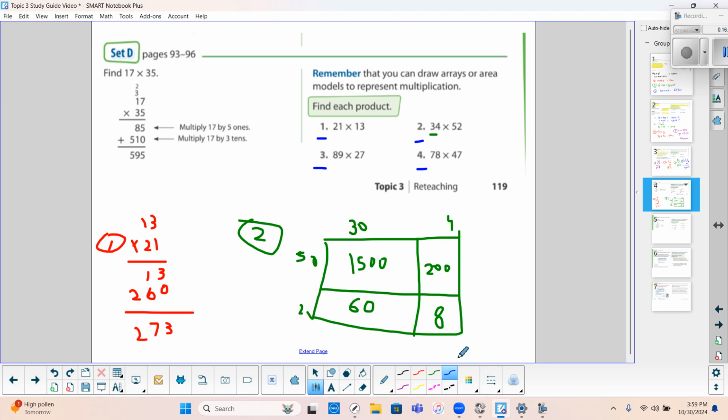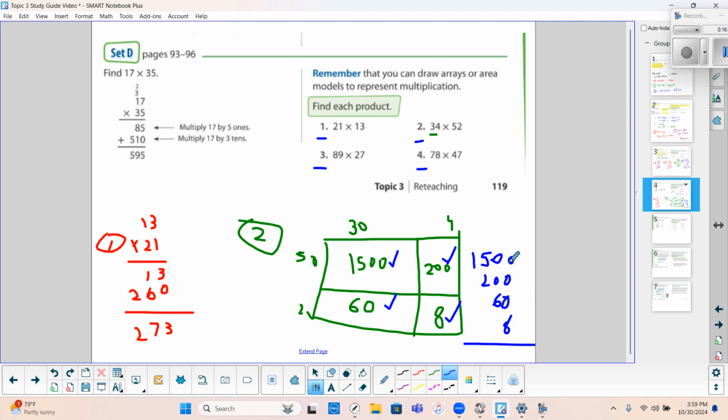So now if I add up my place values, my thousands has 1,500. Excuse me, 1,500. Hundreds, I have 200. 60, I have right there, 60. And then I'm left with 8.